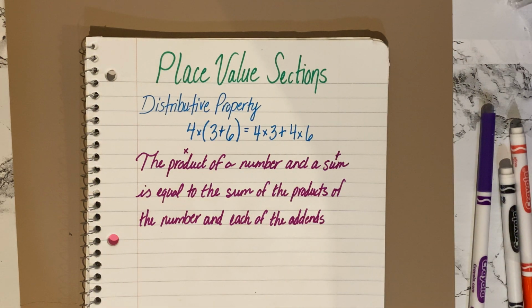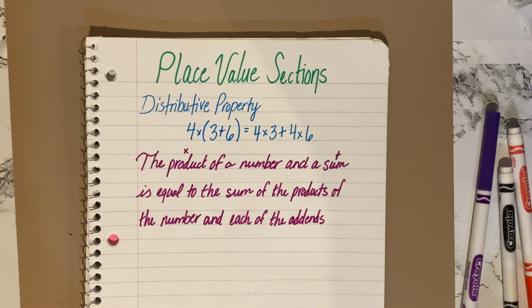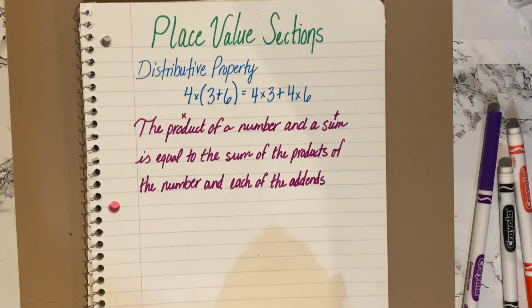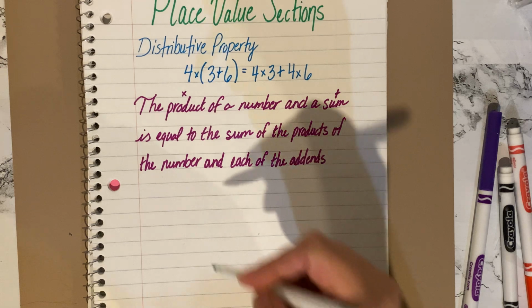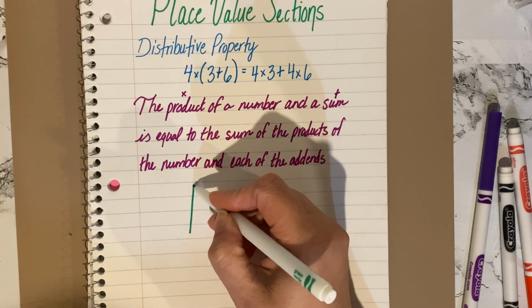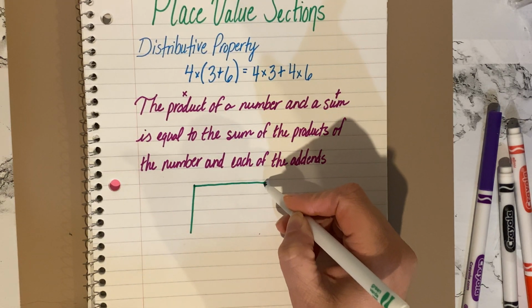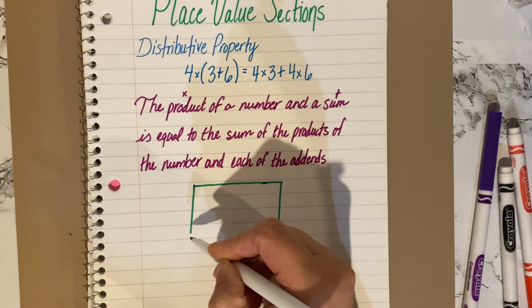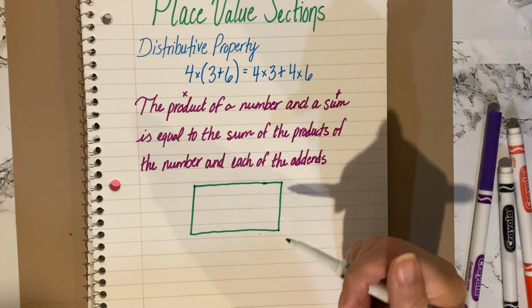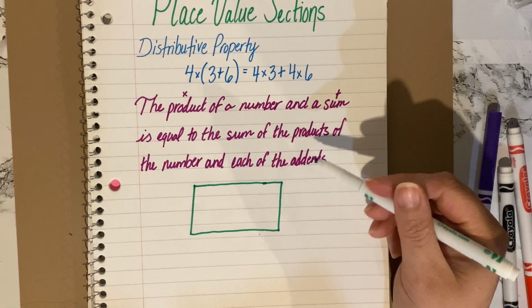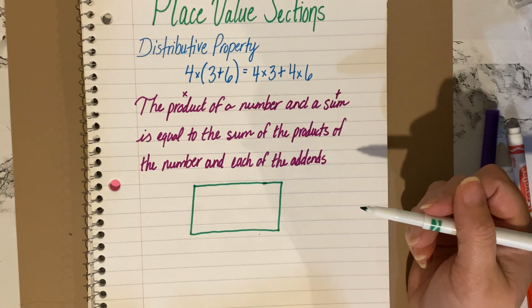Okay, so now we're going to draw some place value sections, and this is actually kind of fun. Usually you start with a rectangle, and you'll see this done with equal size boxes, but I'm going to do it with smaller boxes just to show the distribution.